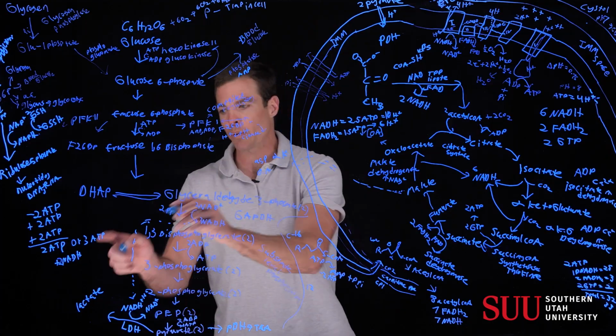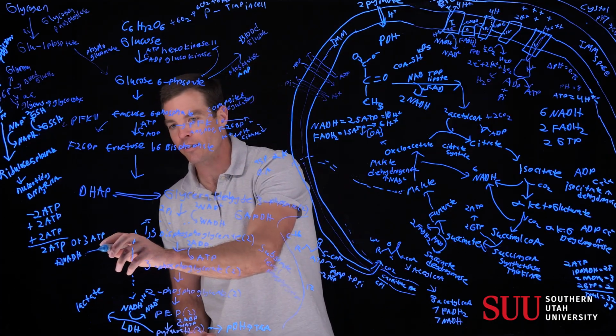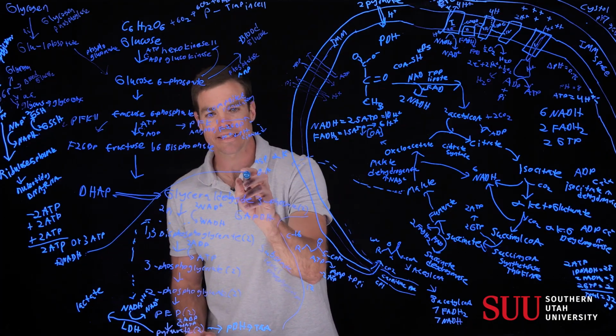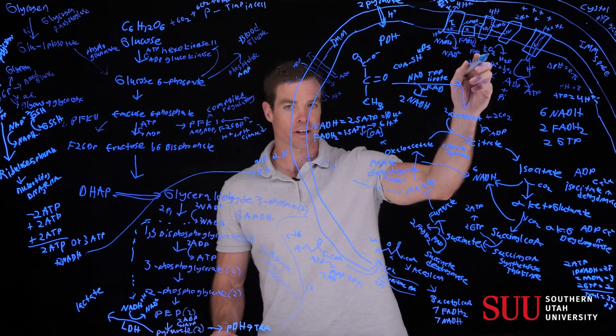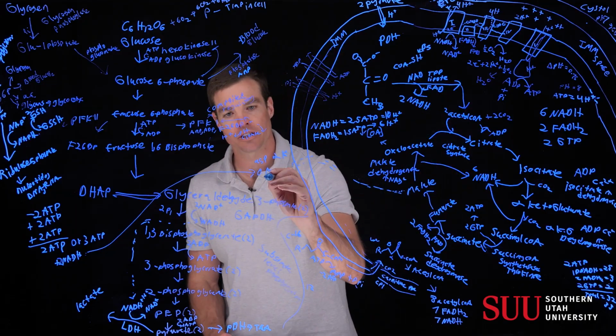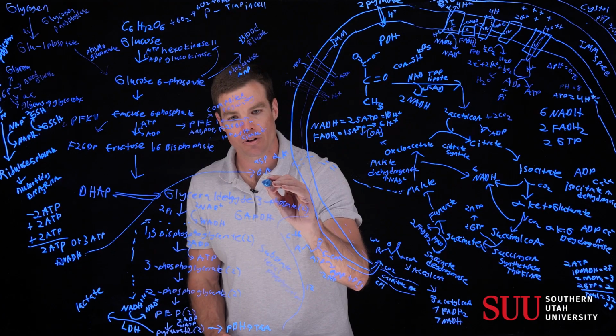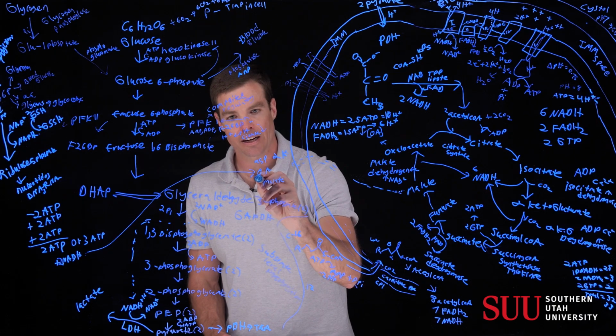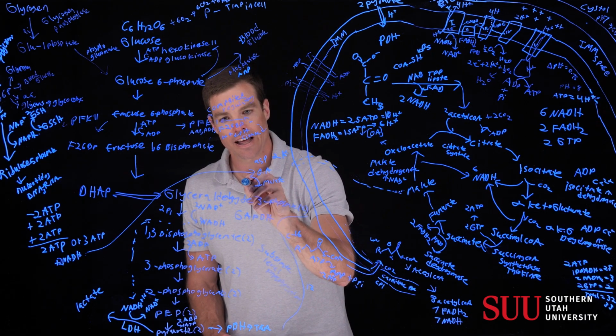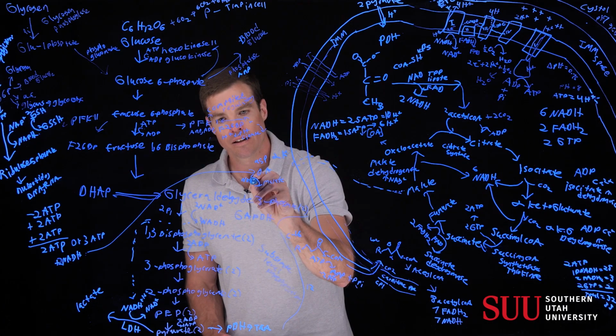This is how we get these NADHs over here. How do we get them to go over here? And we can use this shuttle, where we're going to take, for example, our malate, and we can put on their NADHs to make NAD plus.